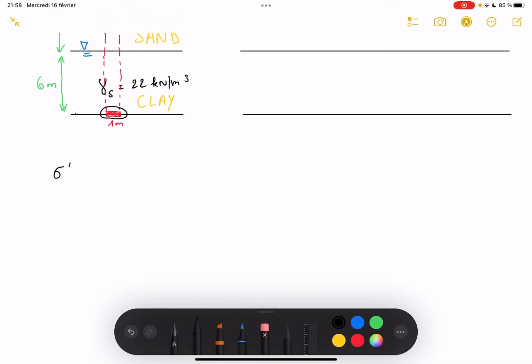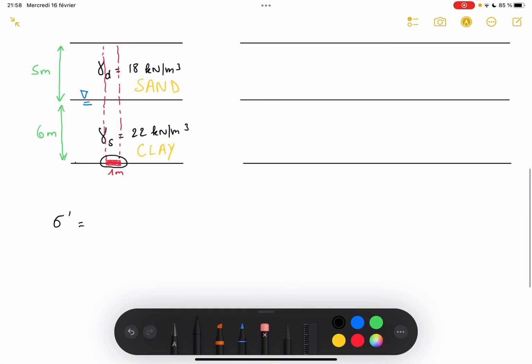The effective stress is going to be the weight of the sand layer, which is gamma times 5 meters, plus the clay layer, which is 6 meters, minus the pore water pressure, which is 10 times 6. So now we plug in the values: 18 times 5 meters plus 22 times 6 meters minus 10 times 6 meters.